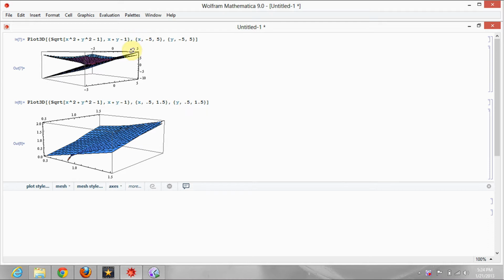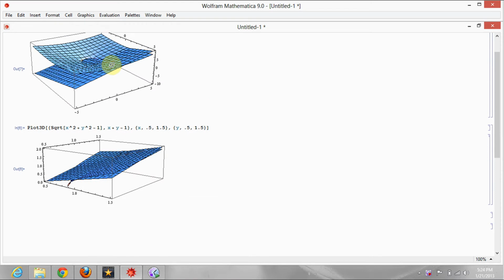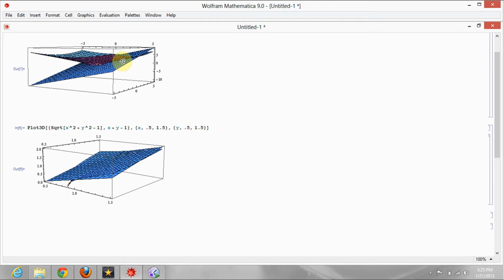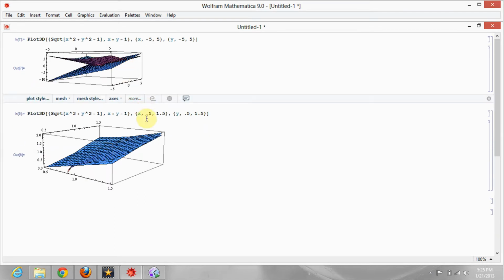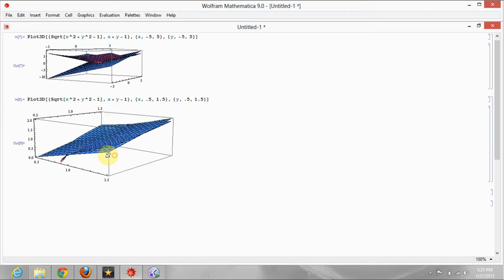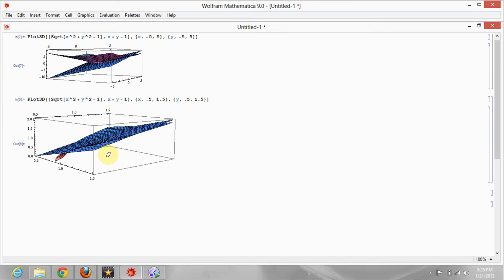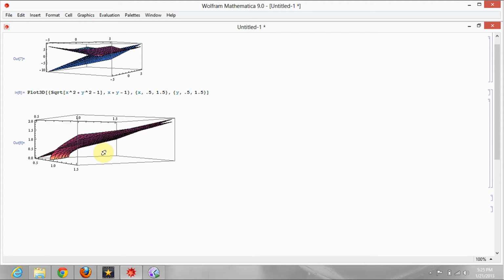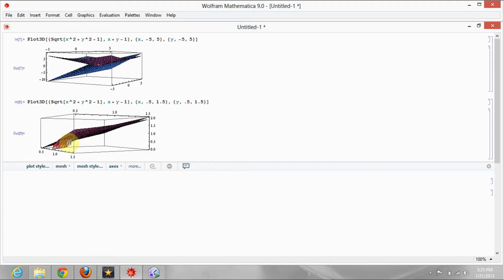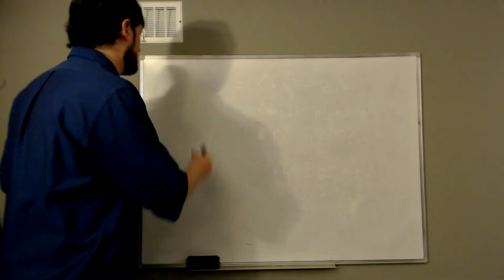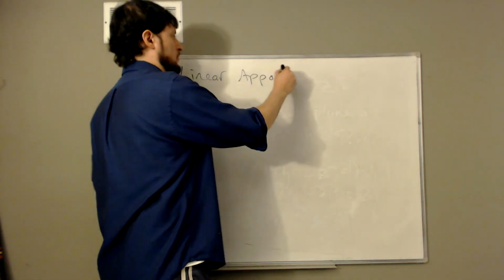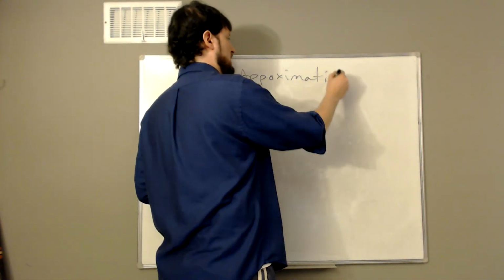So I plotted both of those in our favorite beginning frame, minus 5 to 5. It's a little tough to be confident based on this picture that right at the point 1, 1, 1, it is the tangent plane. So I've zoomed in down in this second picture, just graphed it closer to the point 1, 1, 1, and this makes it pretty clear that in fact the tangent plane we calculated is the correct tangent plane at the point 1, 1, 1.